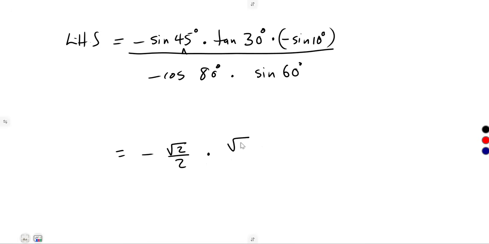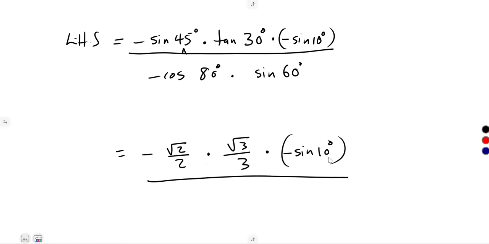So square root of 3 over 3, times the sine of minus 10. It's not a special angle, so let's just rewrite it as it is. Minus cos 80, it's not a special angle again, but we cannot repeat this one again. Let's try to rewrite it as a sine. In the form of a sine, is it possible? 80 degrees, remember, is the same as 90 minus 10.